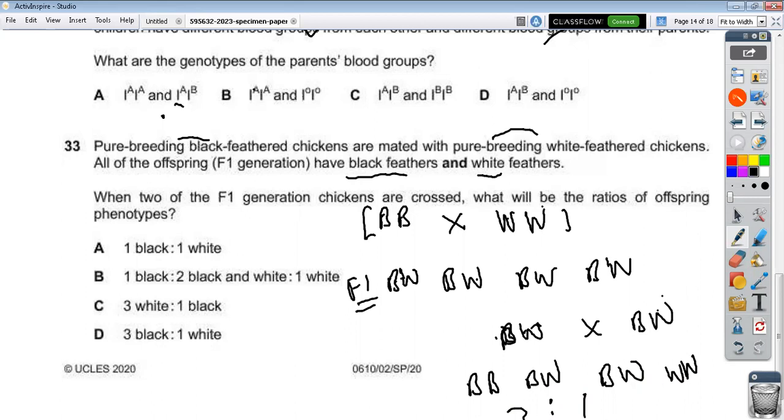Or did I miss something here? I'm lying and you guys are quiet. Isn't this BB here? It's black. So this is black. Then this is 2 what? 2 black and white, and 1 what? 1 white. Do I need to repeat?